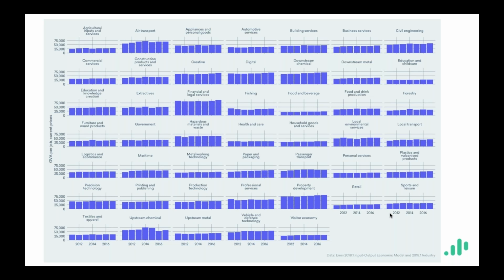Whereas if we look at visitor economy, just below property development, or we look at retail, low GVA by job, but create employment where it's really needed, open, entry-level jobs, seasonal employment, very important to particular local economies. But it's interesting to look at that in terms of productivity. It shows the type of analysis that we can do.